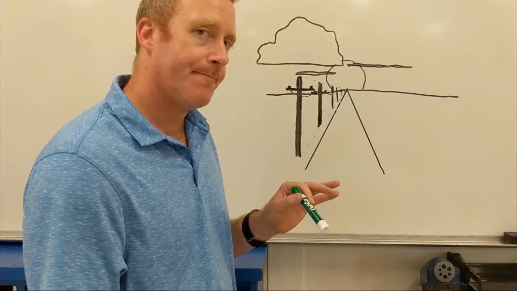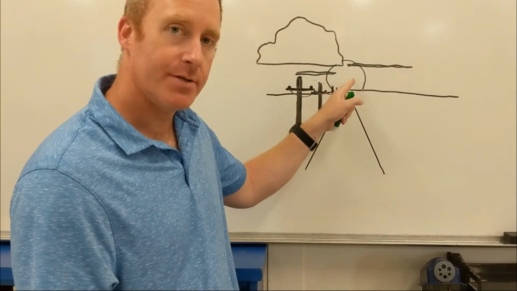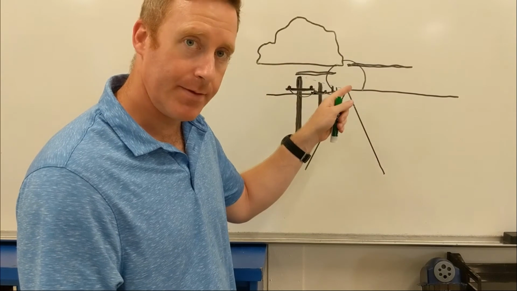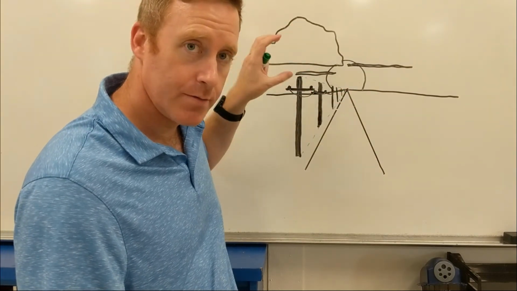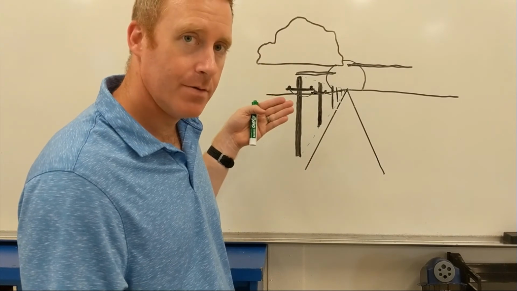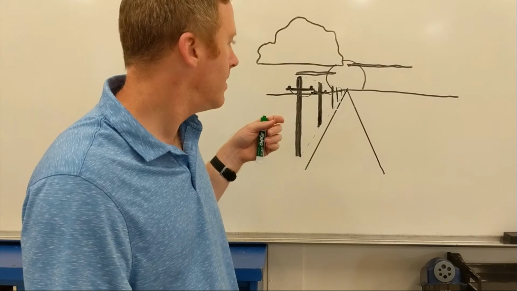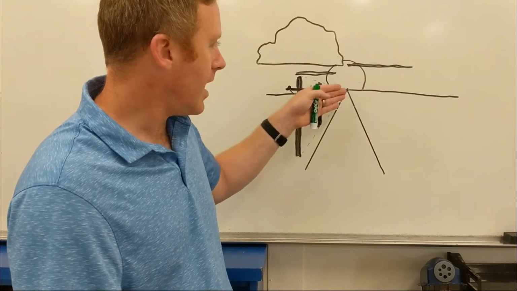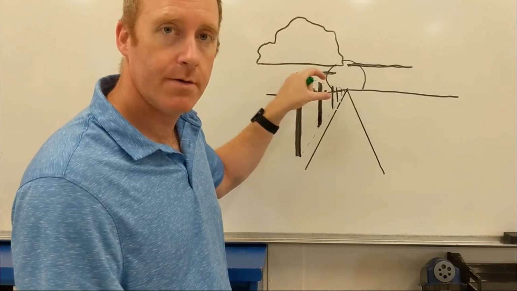So recap. We can overlap shapes to create depth. We can make some of them larger in the foreground or in the front of our picture to create depth. And we can use our lines and make things smaller or bigger for perspective.